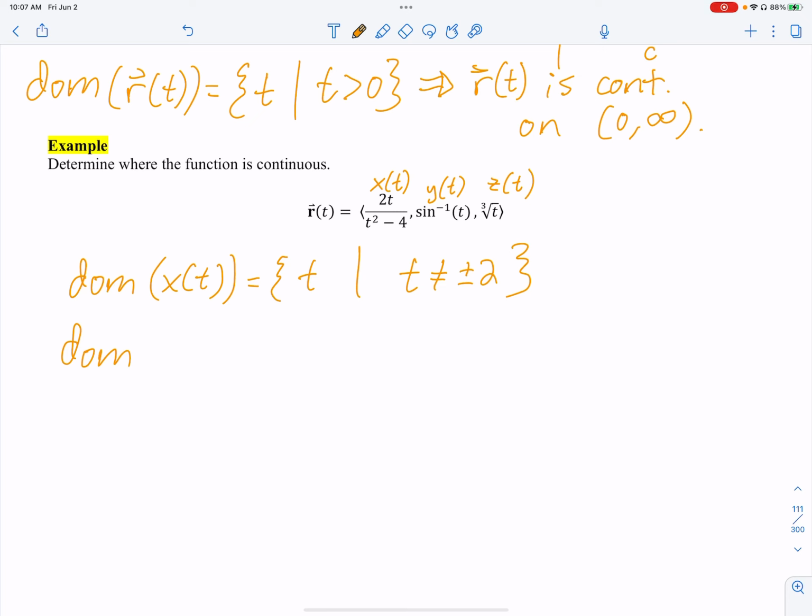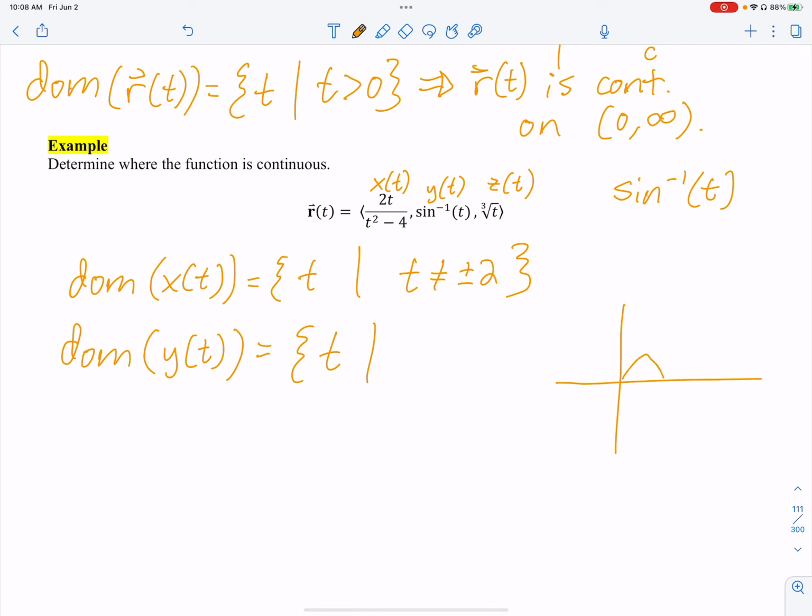The domain of y of t, or all t such that, okay, now the input for this is an inverse sine. So everything we're going to plug in here will be the range of sine. So it's like the opposite, right? Sine, I can plug whatever I want into sine. And then if you're thinking about sine, the range goes up and down. It is caught between -1 and 1.